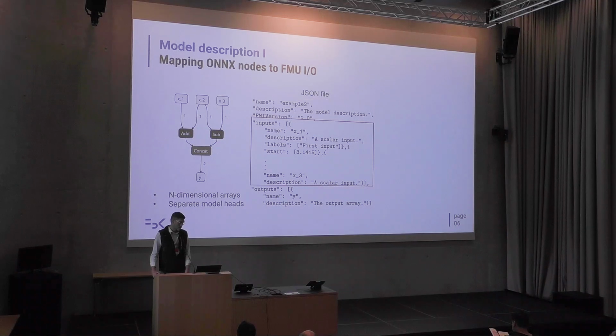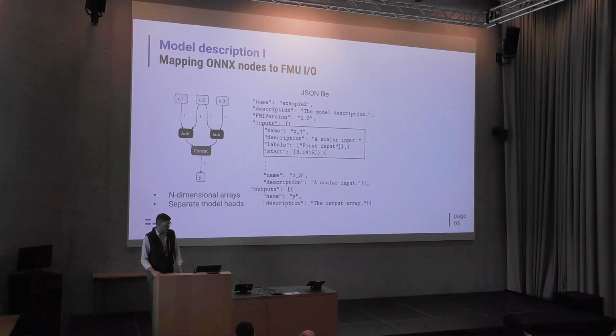Then we have other keywords that are needed for mapping inputs and outputs. I'll do the example with the inputs. So we have this list of inputs which are characterized by this schema. The schema includes the name, the description of the input, and this input maps the ONNX head input to the XML description.